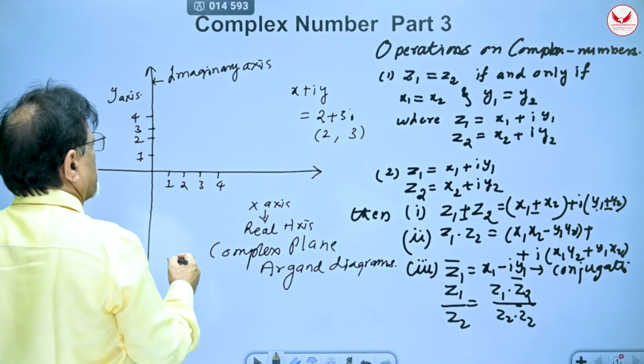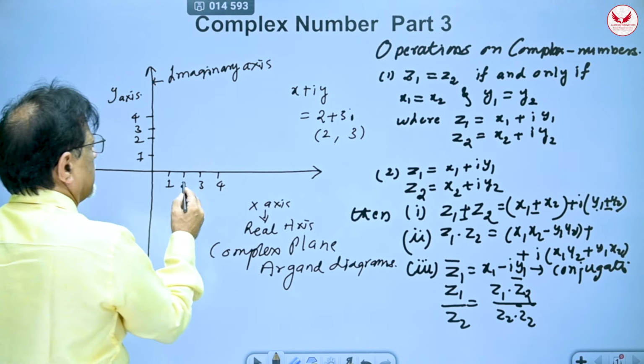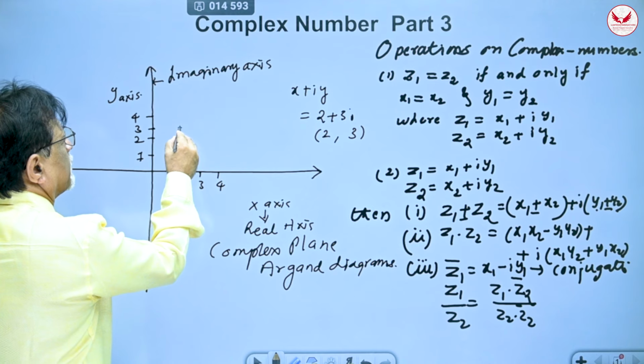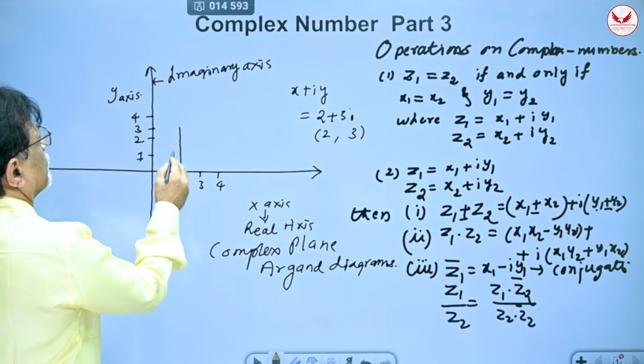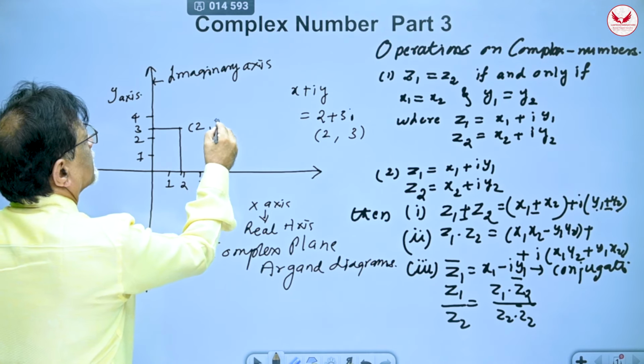Now I want to represent a number which has the coordinates (2, 3). So this is 2 and this is 3, and the number will be here.